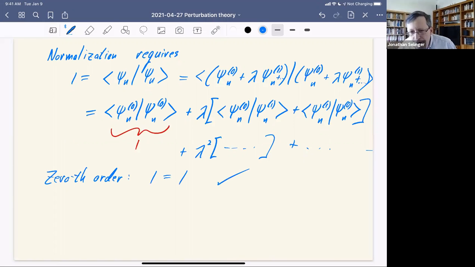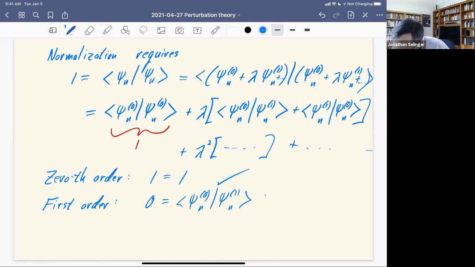Check, no problem. At first order, there is no first order term on the left side. That's 0. On the right side, we have this psi 0n, psi 1n, plus psi 1n, psi 0n.